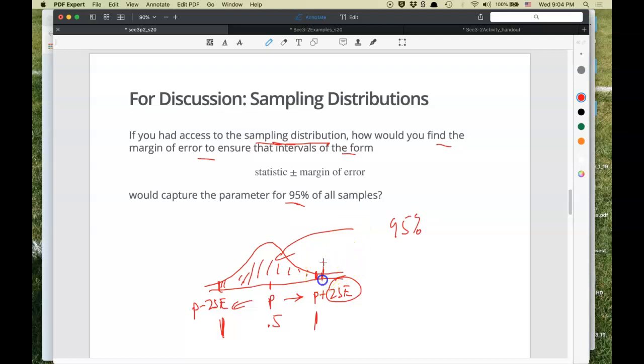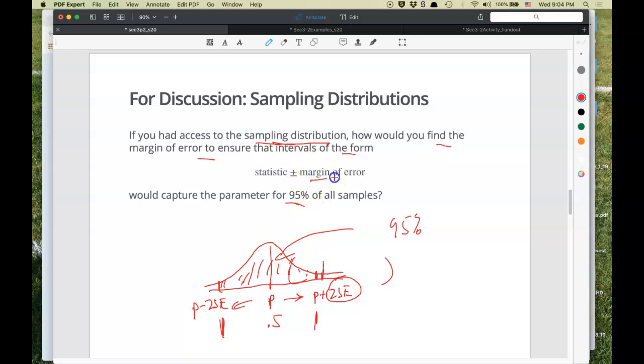If we got a p hat out here, outside of this range, then if we tried to construct a confidence interval, 2 standard errors either side, we would miss the parameter. But 95% of the time that we're between the 2 standard deviations either side, we're going to contain the true proportion.